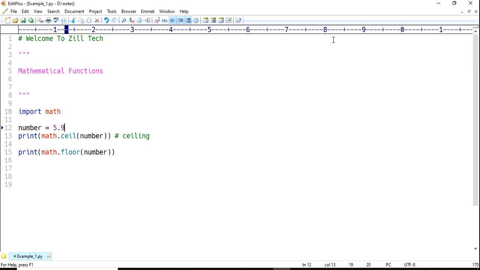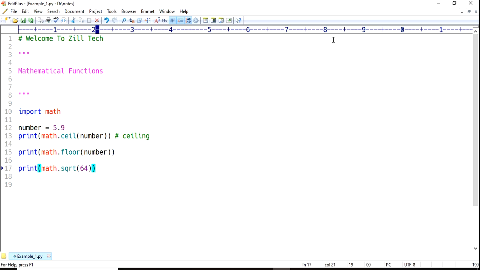Next, if I want to perform square root, which is nothing but calculating the square root of a non-negative number. Square root works only on non-negative numbers. Print math.sqrt of 64.